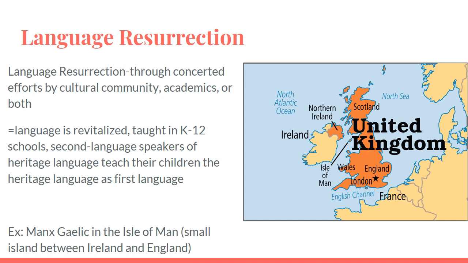So the second speakers taught Manx Gaelic as the first language to their children. And then Manx Gaelic became the first language of instruction in some schools. And so Manx Gaelic has largely become revitalized and resurrected in the Isle of Man.